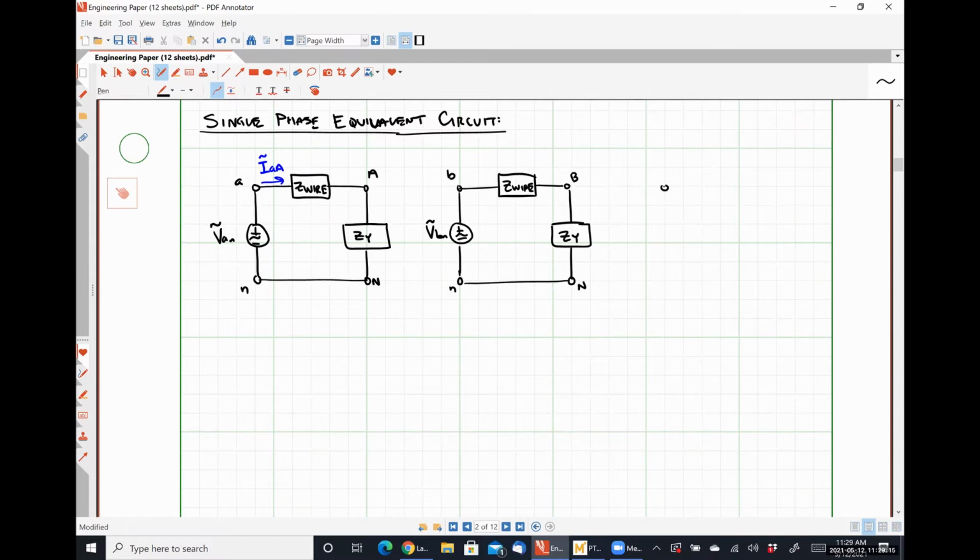And for our C phase, it'll look something like this.